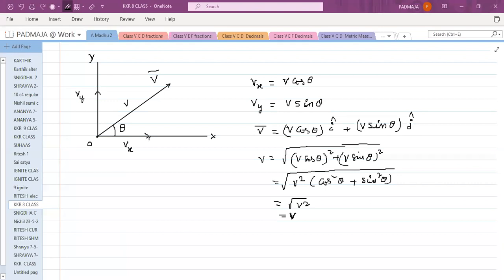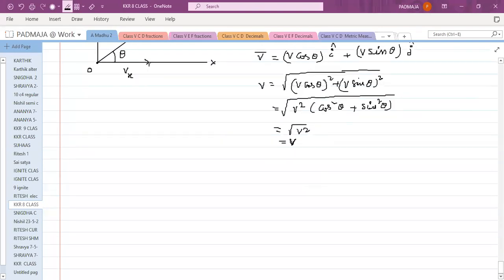In 3 dimensions, we discussed direction cosines, and we discussed in vectors how to write a vector in 3-dimensional space, how to resolve the vector into its components in 3D space.